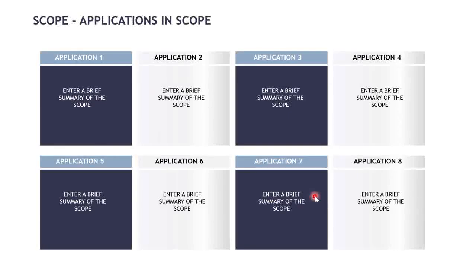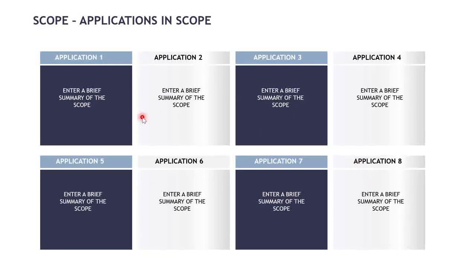Continuing and moving to the next slide, which is my scope. So it's very important that you call out what is in scope and what is out of scope. So the test strategy should contain your in-scope items, and you see it's a template here. If you have a large program which has multiple applications, you can mention application 1, a brief about it, and 2 and 3 and 4, and similarly other applications can follow in.